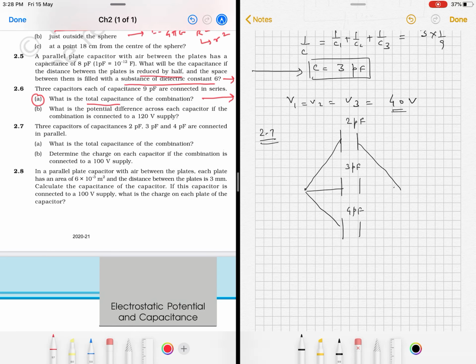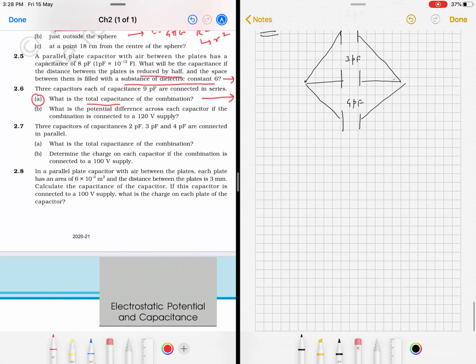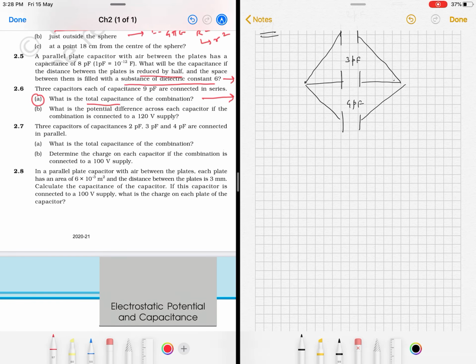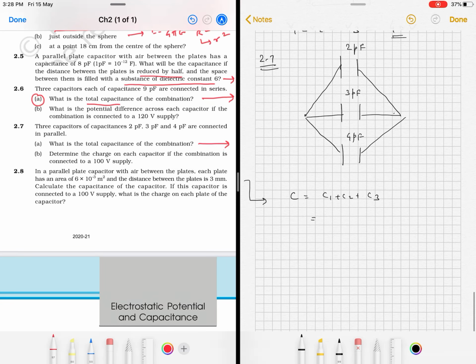So here I am making the diagram. These are the 3 capacitors which are in parallel. So the first question is, what is the net capacitance? It is simple. Net capacitance C is equal to C1 plus C2 plus C3, that is 2 plus 3 plus 4, which is 9 picofarad.